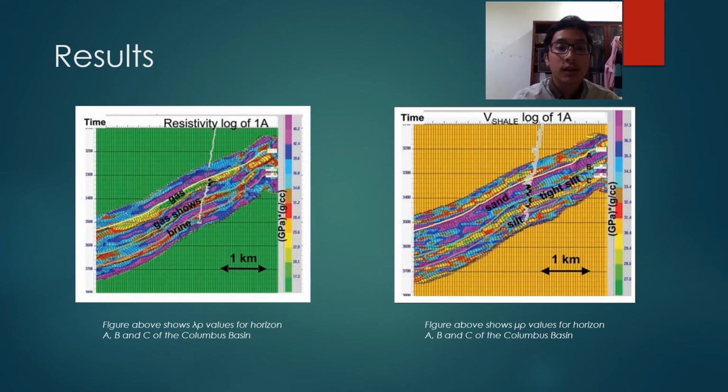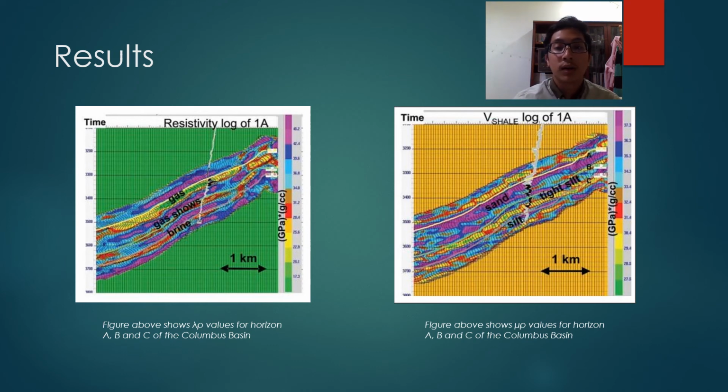We can see on the left hand side figure the lowest value of Lambda-Rho, indicated by the bright green, and on the right hand side figure only horizon A has the highest and most spatially extensive Mu-Rho values, indicated by the purple color.